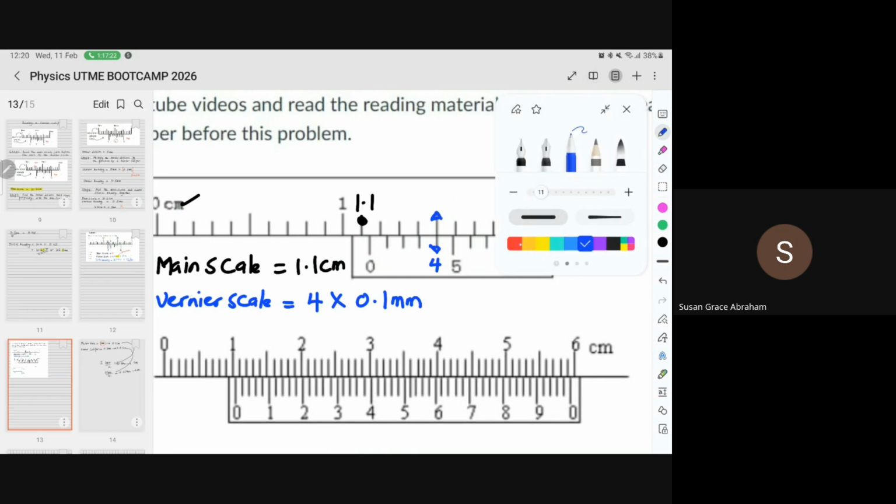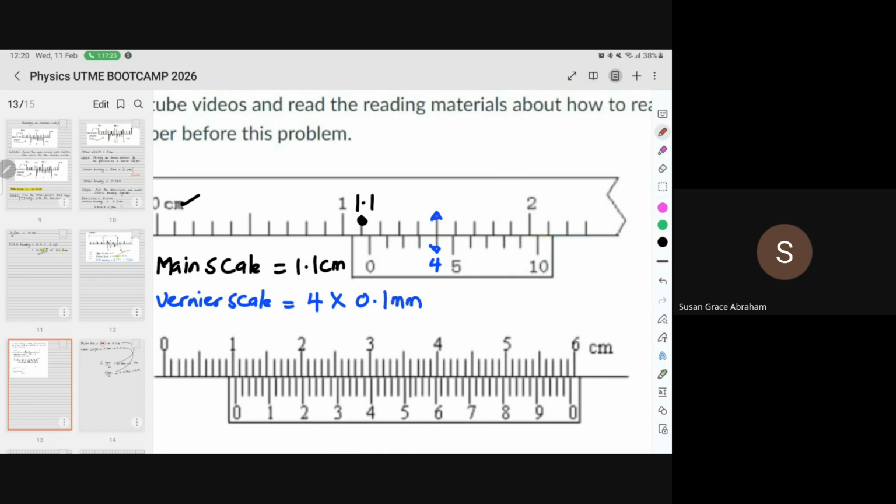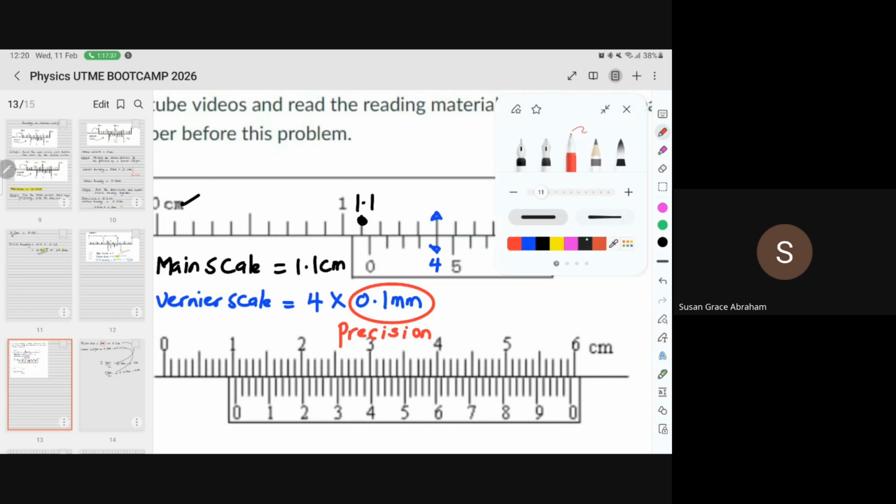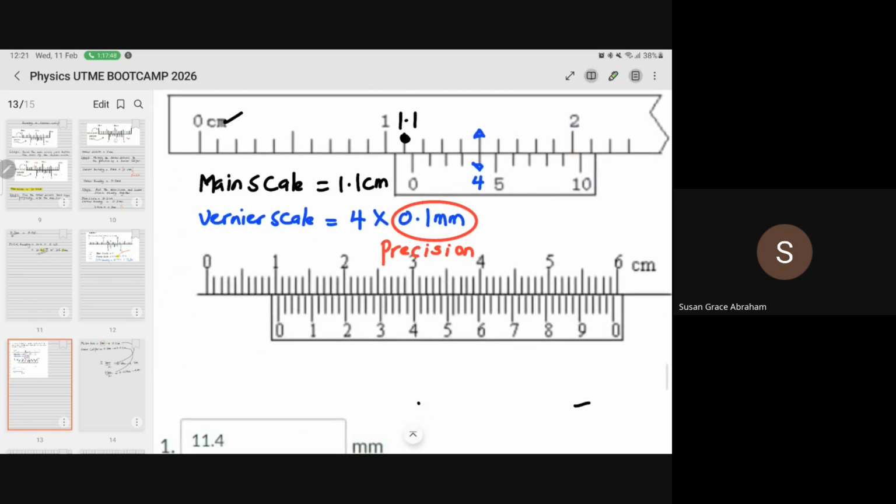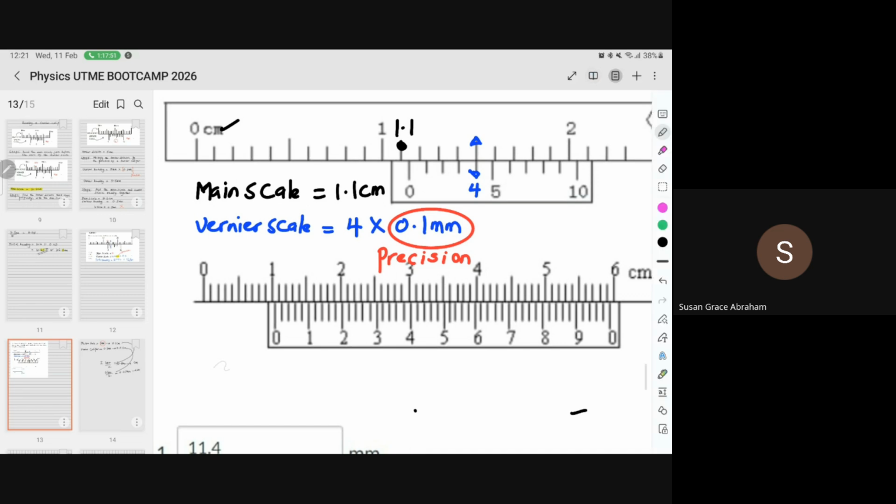Remember that this value here is your precision. And when you multiply that number, what will it give you? 4 times 0.1, that will give us 0.4 rather. So vernier scale is equal to 0.4 millimeter.